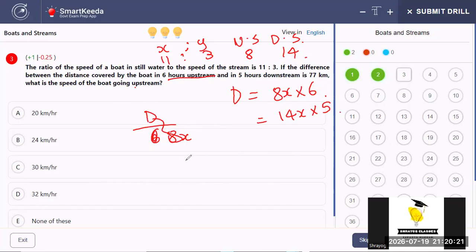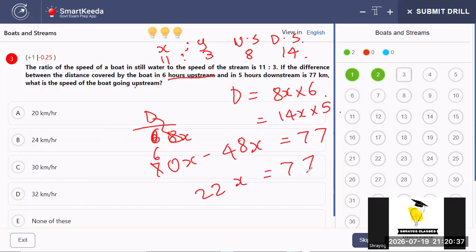So 70x minus 48x is equal to 77. So 22x is equal to 77. So x is equal to 7 by 2.